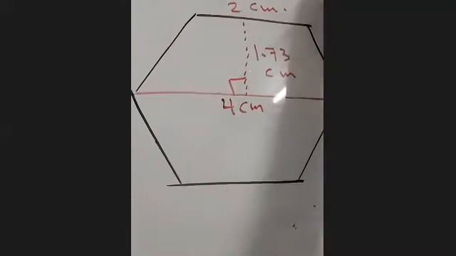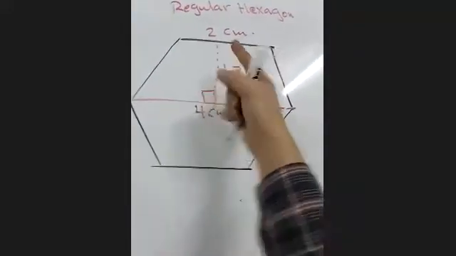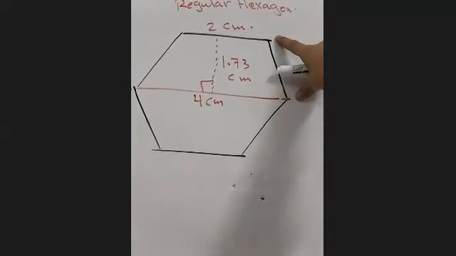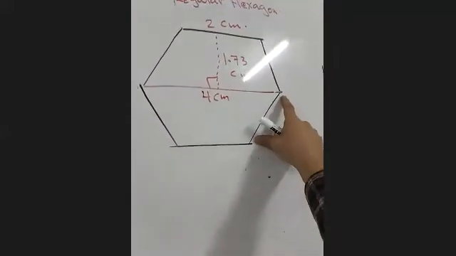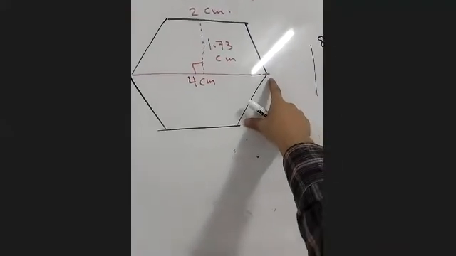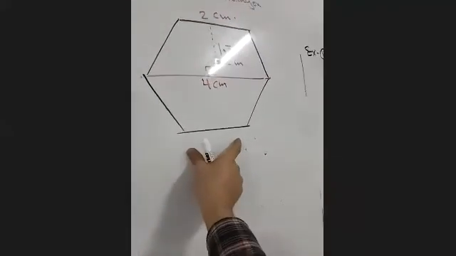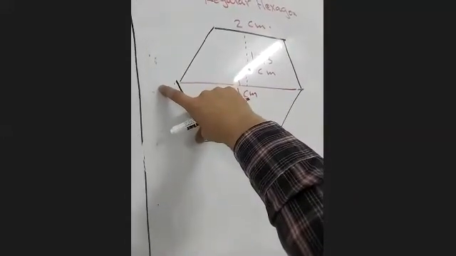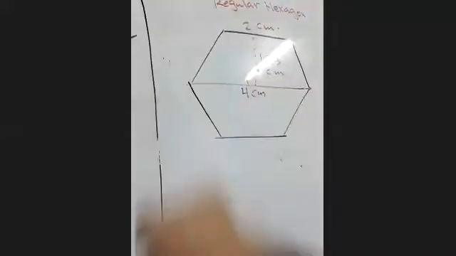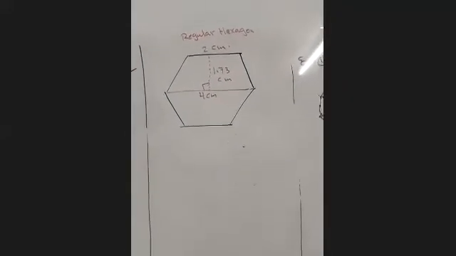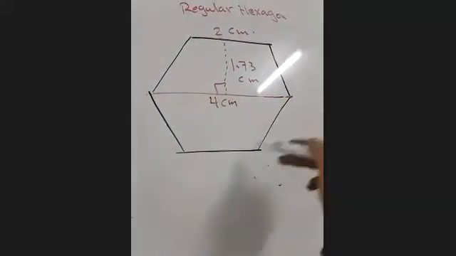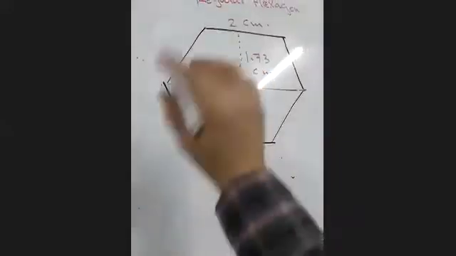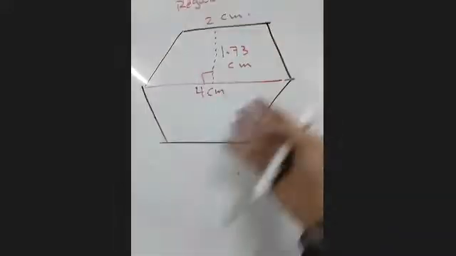Regular means if this is 2 centimeters, how much should this be? 2 centimeters. And this, 2 centimeters, and this, 2 centimeters, and this, 2 centimeters. Regular, all of the sides are the same as the given one. 2, 2, 2, 2, 2.